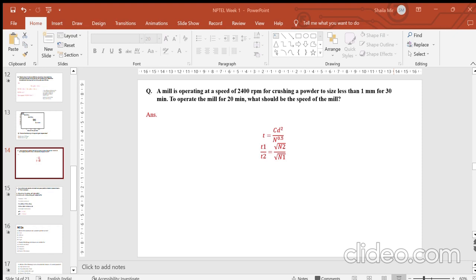Based on the time of the grinding, you can calculate the speed of the mill at 20 minutes. We can do this numerical, then I'll solve it with you. You can take 2 minutes for solving.